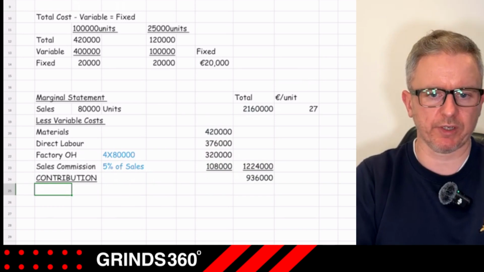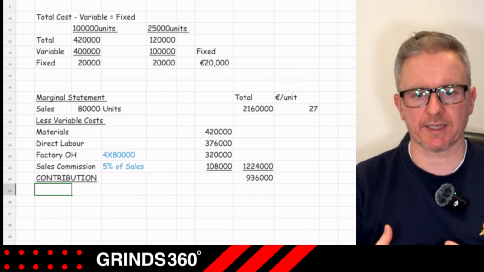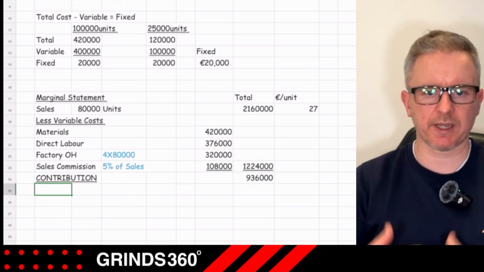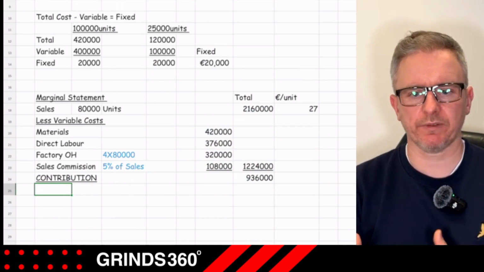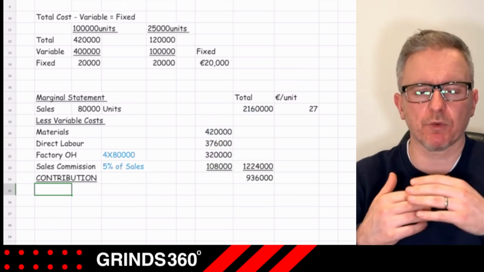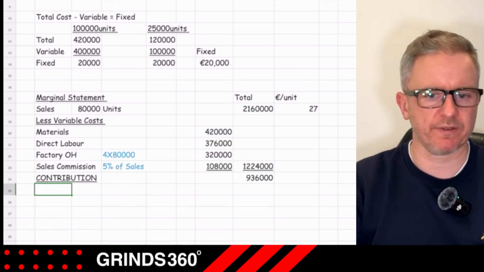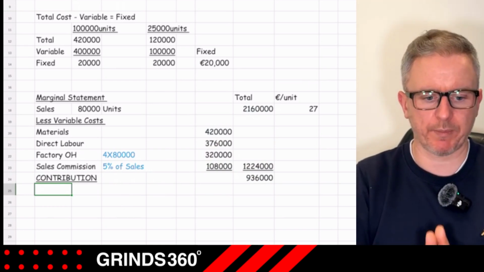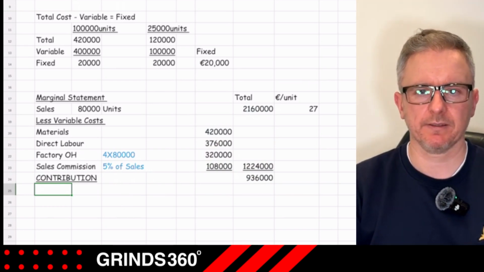That's your production line. Somebody has to be paid to answer the phones and take the orders. That person working over in the office has to be paid a set amount regardless of the number of units ordered, manufactured and sold. That's an example of a fixed cost.